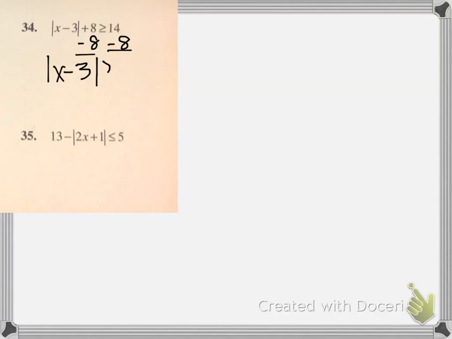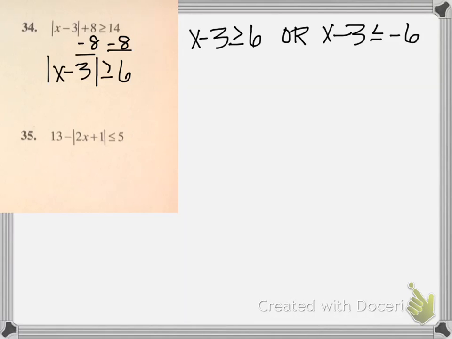There we go. That looks better. Now that I have my absolute value isolated, I can write it into my two separate inequalities. So either x minus 3 is going to be greater than or equal to 6, or x minus 3 is going to be less than or equal to -6.